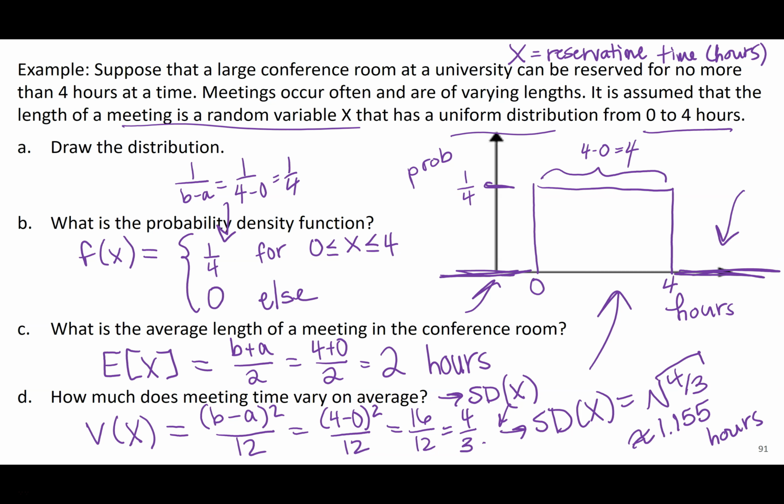So things to note is expected value as well as standard deviation will have the same units as whatever that random variable x has. One of the reasons we tend to talk to clients less often about variance specifically is because the units are squared. So the units for variance in our example would be in hours squared, and conceptually that does not make sense to a lot of people.